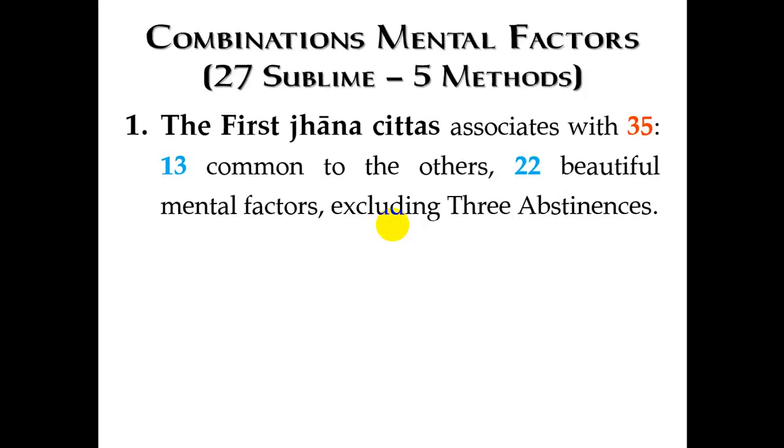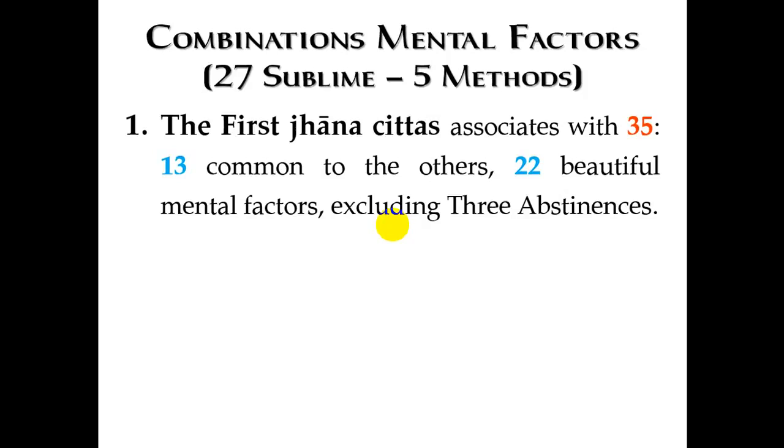Vitaka is a mental factor, a Cetasika. So in that sense, we are learning how many chittas are associated with Vitaka. Vitaka can associate with 55 chittas, the first jhana chittas also included.